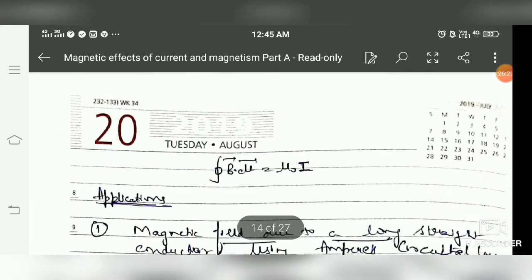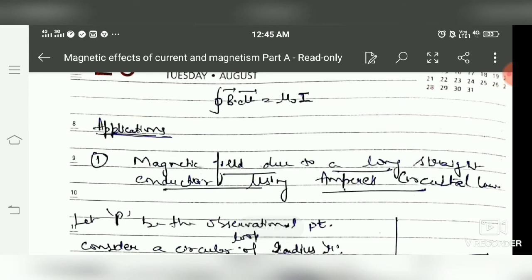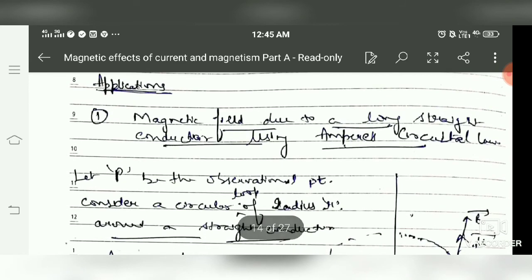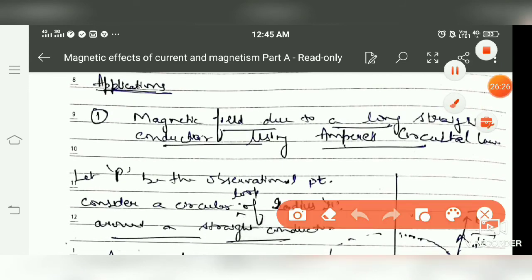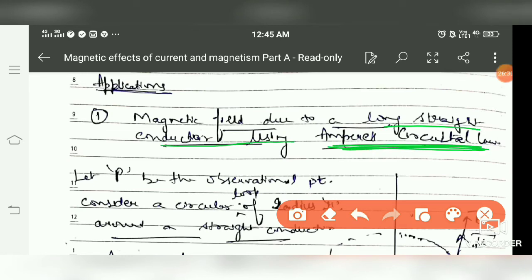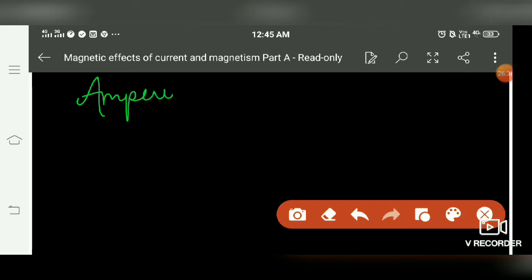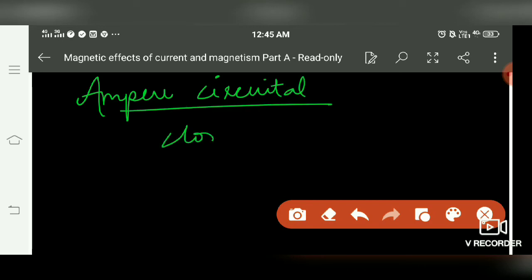Next one is the application of Ampere circuital law. First application: magnetic field due to a long straight current conductor using Ampere circuital law. One thing you have to do if you want to use Ampere circuital law is consider a closed loop enclosing the surface.